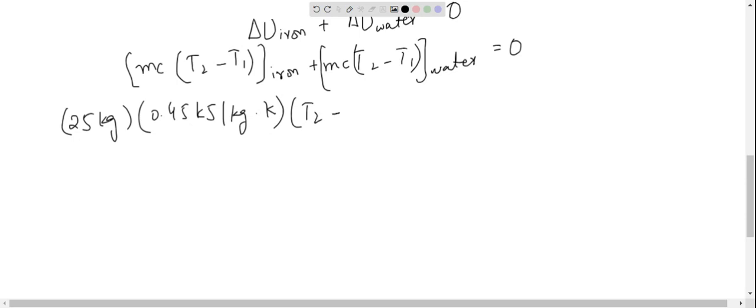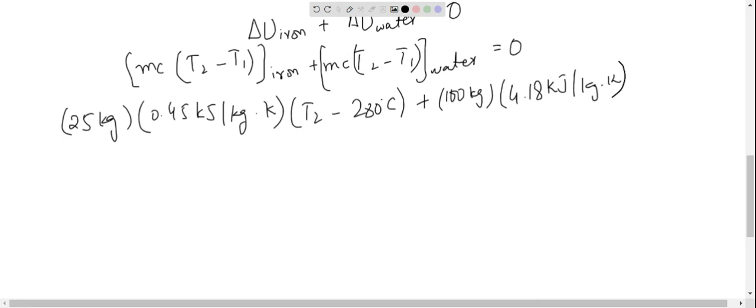T1 is given, T2 is not given, so we have to find T2. T1 of iron is 280 degrees centigrade, plus m, the mass of water, that is 100 kg, and c, the specific heat of water at 25 degrees centigrade, whose value we get from the table, 4.18 kilojoule per kg Kelvin.